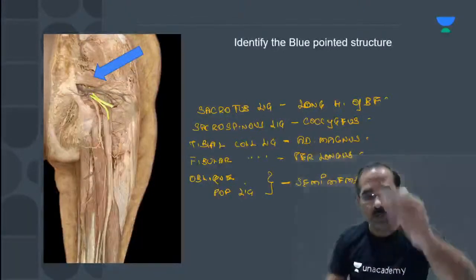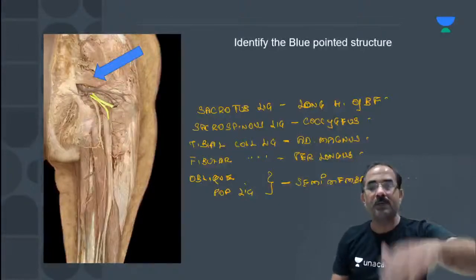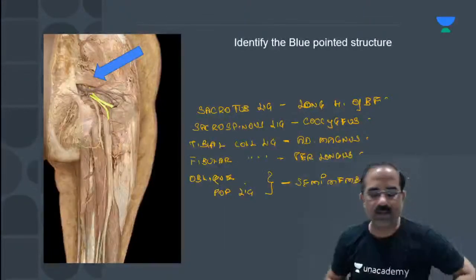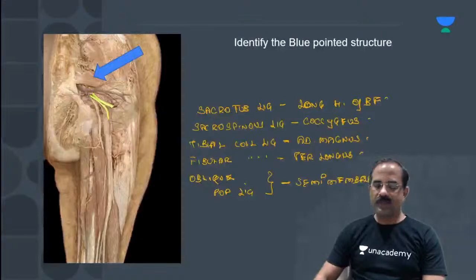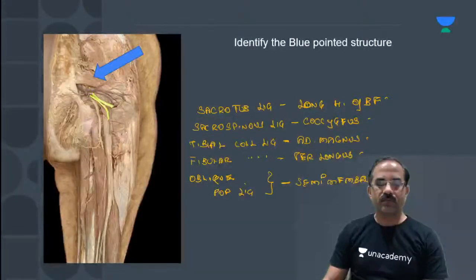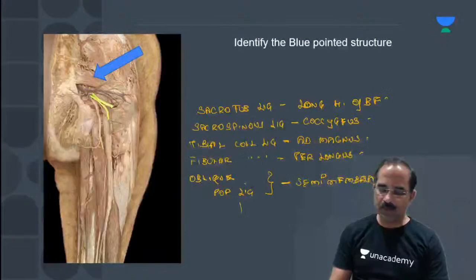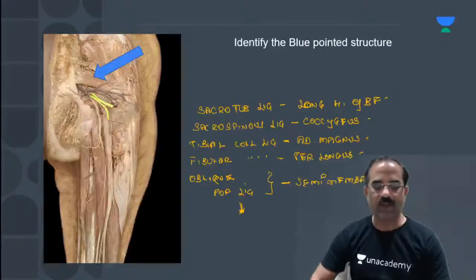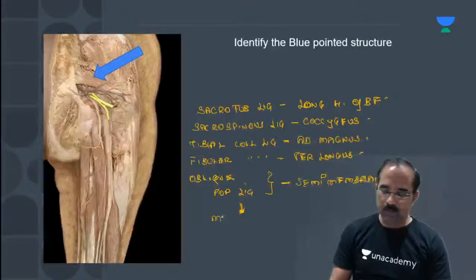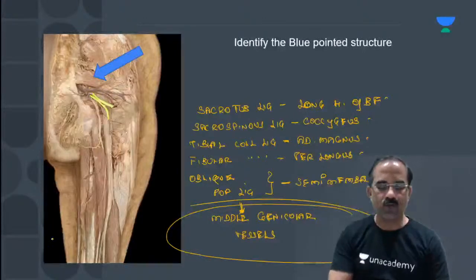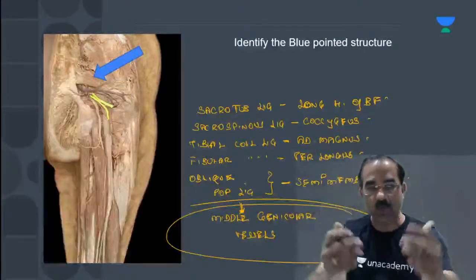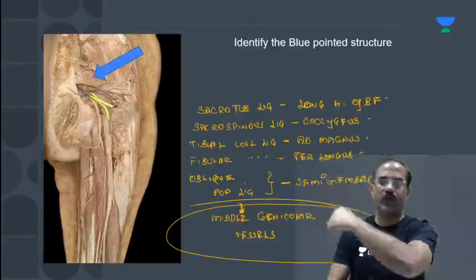This oblique popliteal ligament lies in the floor of the popliteal fossa, and it is pierced by something. What is that? Answer this, this is a very important MCQ. It is pierced by the middle genicular vessels. The middle genicular artery is a branch of what?